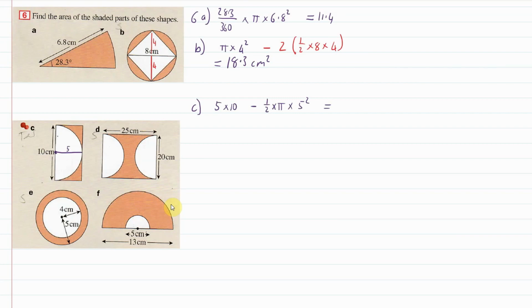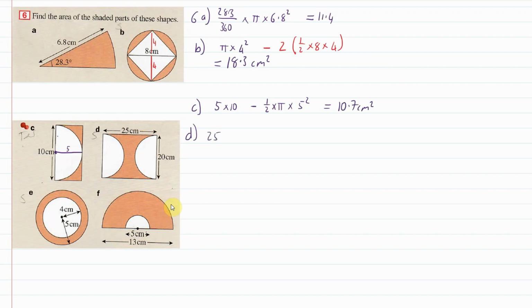What does this give us? 50 take away 25 pi times a half. Pi. Okay, I'm getting 10.7 centimeters squared.